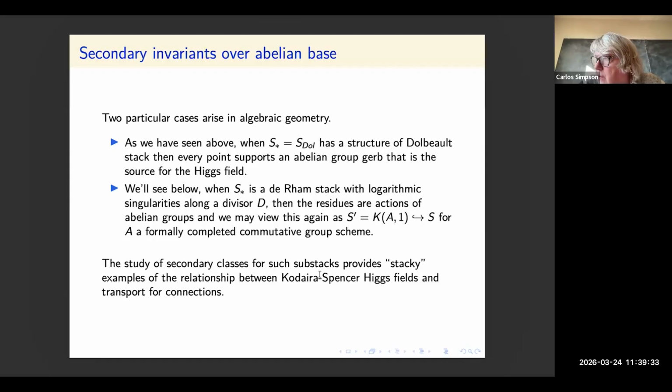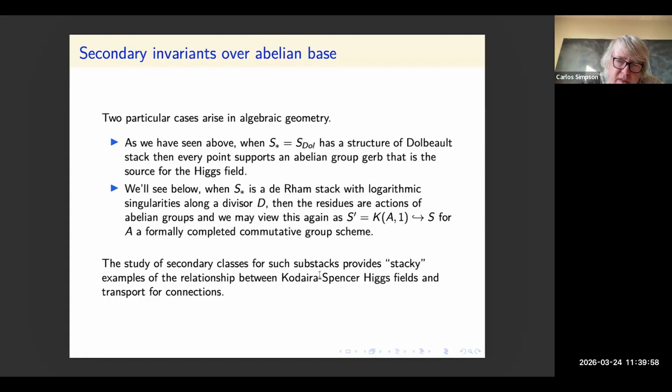Then over every point, we have a gerbe, which is K of the tangent space comma 1. It's the Eilenberg-MacLane stack for the tangent space at that point. This is very similar to having a torus. It's the Eilenberg-MacLane space for an abelian thing. It's just not an abelian group, it's an abelian group sheaf.